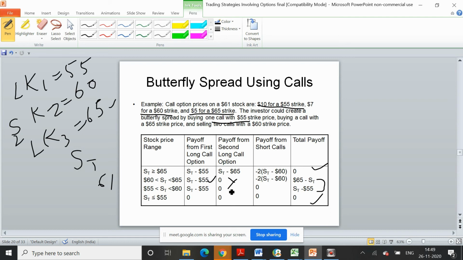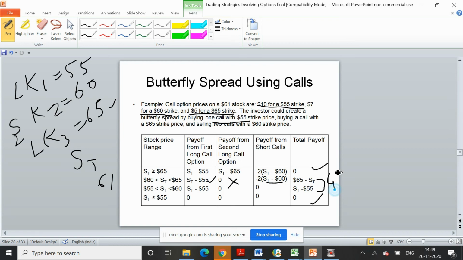But the two short calls which you have sold will be exercised. So $1 is the loss on each. So $2 is your total loss from the short calls. So 6 minus 2 is 4.